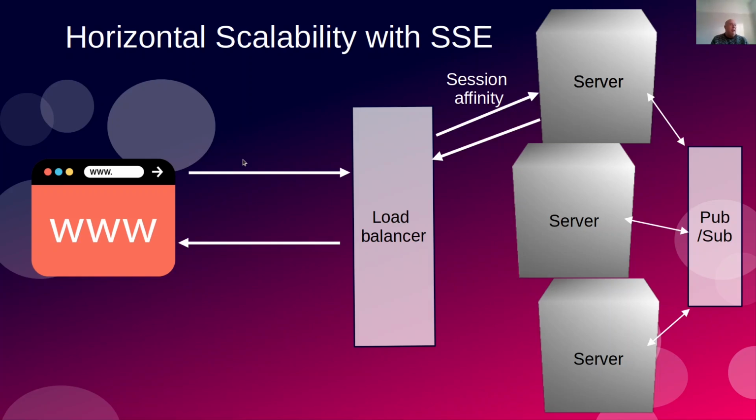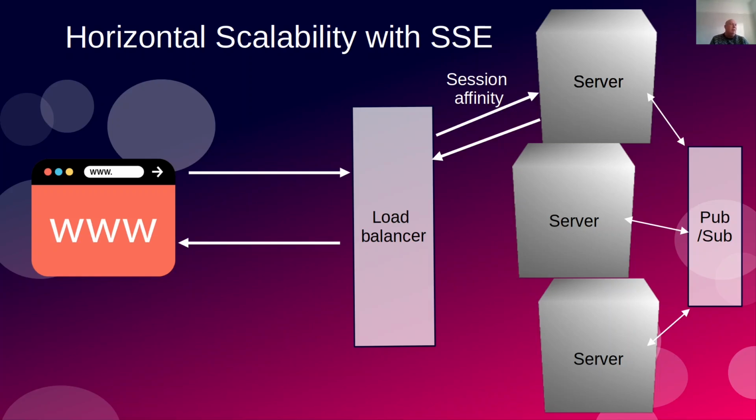Now, a common solution for scaling any kind of web service is using horizontal scaling, i.e. adding additional servers and putting a load balancer in front of them, so that the work of additional traffic can be spread between more servers.